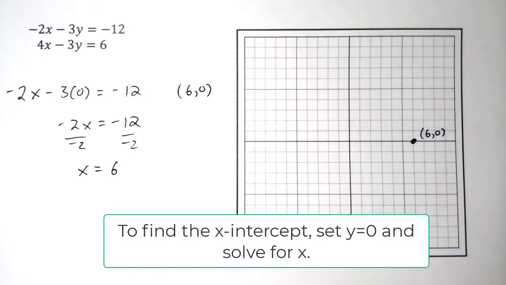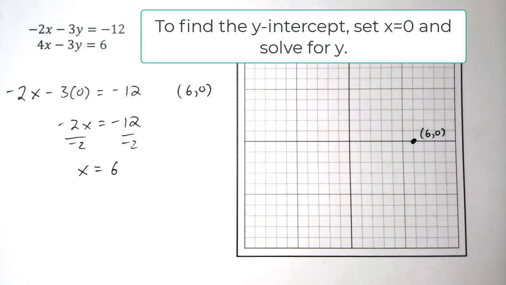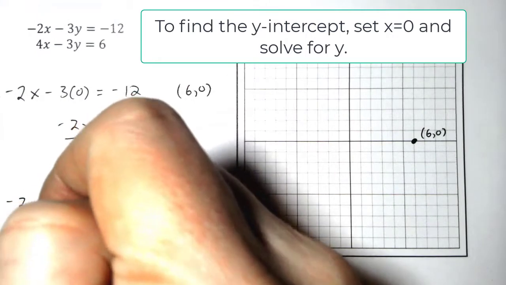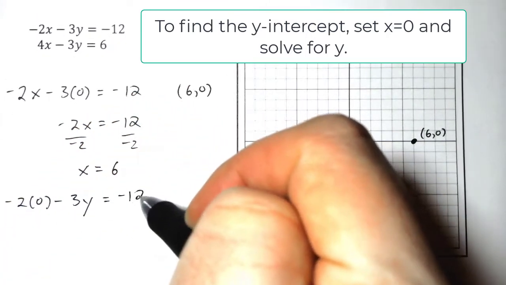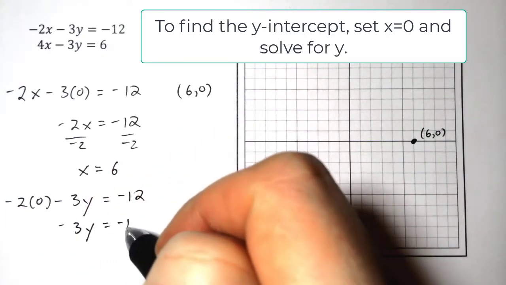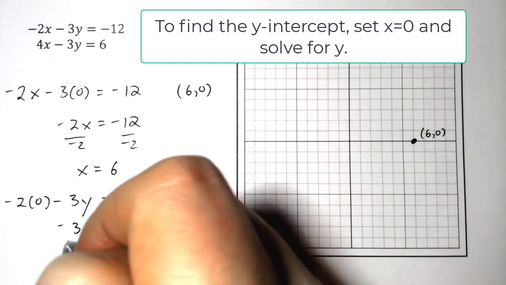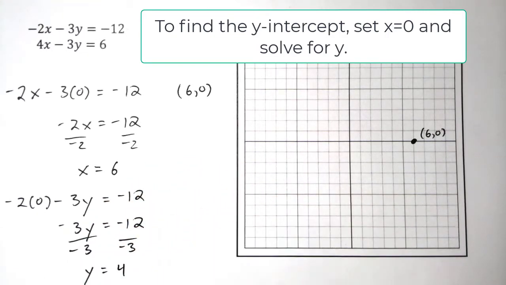That's the x-intercept. To find the y-intercept, we set x equal to 0 and solve for y. All right, we simplify. Divide both sides by -3. Okay, so when x is 0, y is 4.